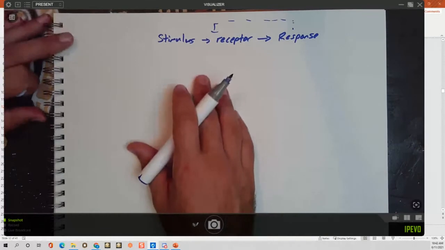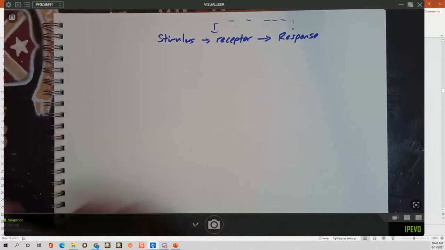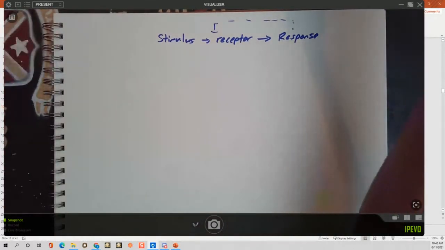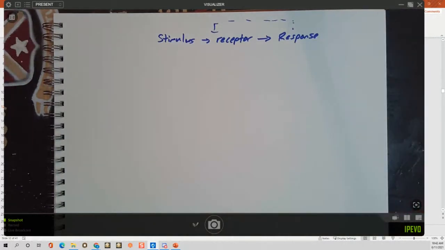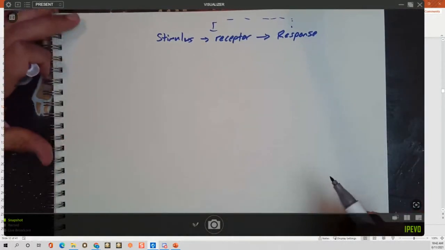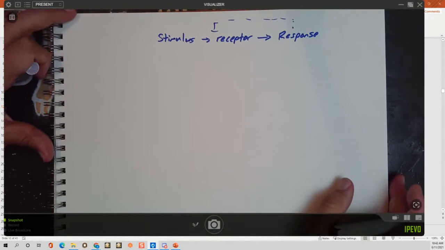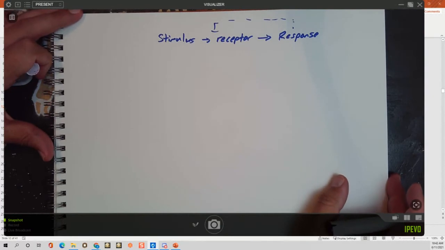The stimulus in this case that causes the production of new erythrocytes, well, I think the easiest way to do this is to remind ourselves of the function of erythrocytes. What is one of the primary functions of erythrocytes? It's to carry oxygen.